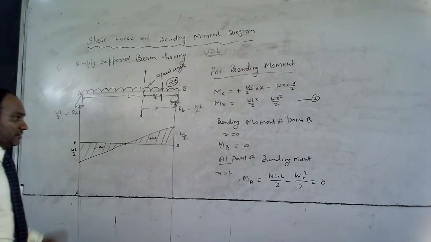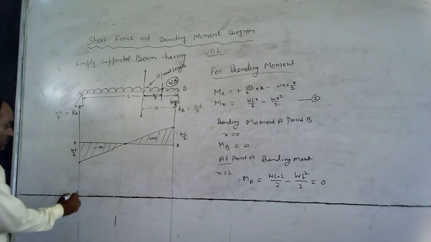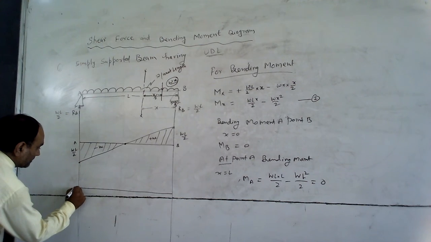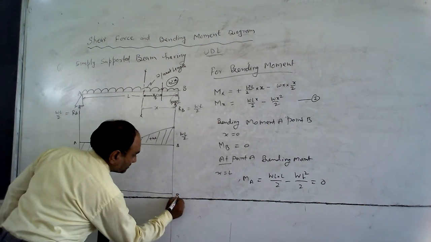Again, we can see that the bending moment at both supports, at point A and at point B, is 0.